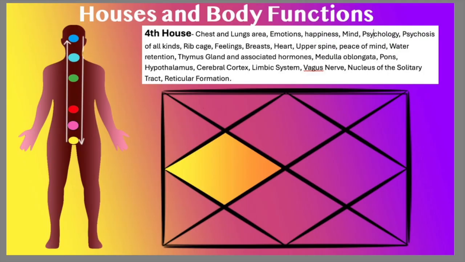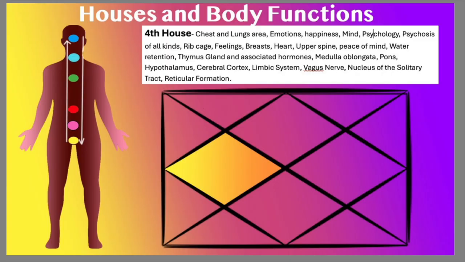The fourth house, that's the one highlighted there, stands in terms of your physical bodily functions as chest and lungs area, emotions, happiness, your mind, the psychology of the mind, the psychosis factors of all kinds, the rib cage, your feelings, breasts, heart, upper spine, peace of mind, water retention capacity, the thymus gland in terms of glandular function and associated hormones.